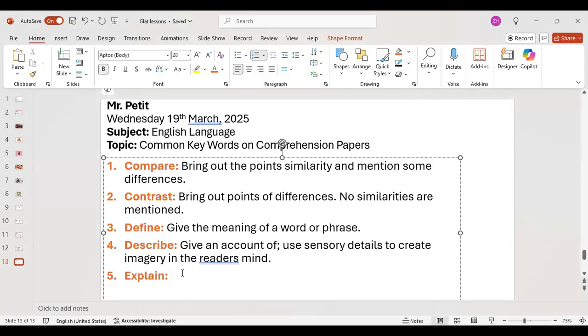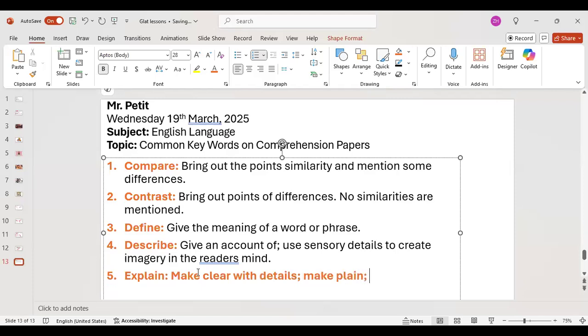Yes, Mr. Petit. And to explain, you need facts. Oh wow. Yep, you're right. Three rings. Back to back. You have to be good first though. Three championships, Super Bowl championships, man.